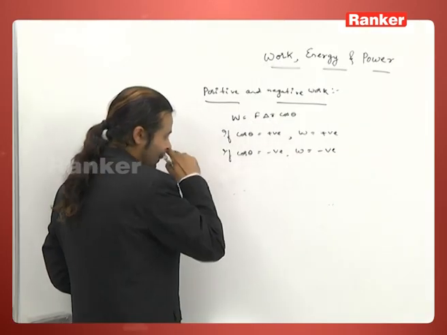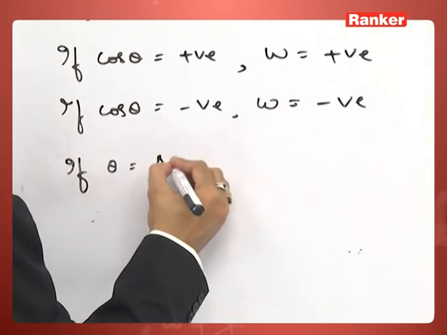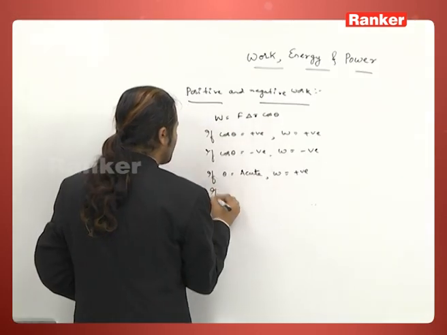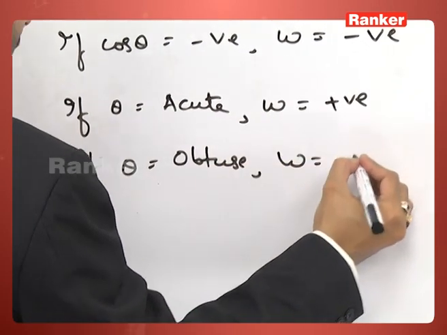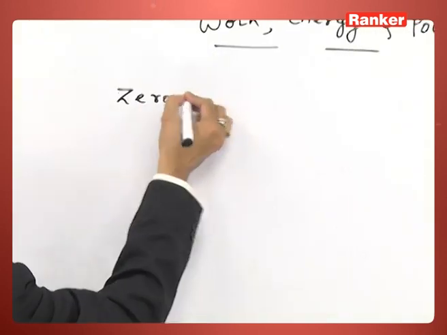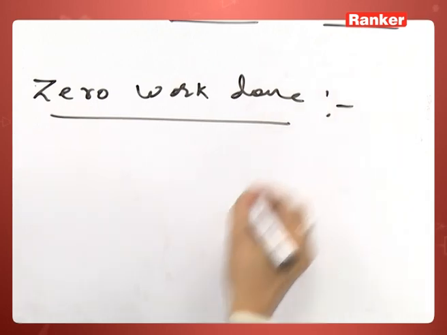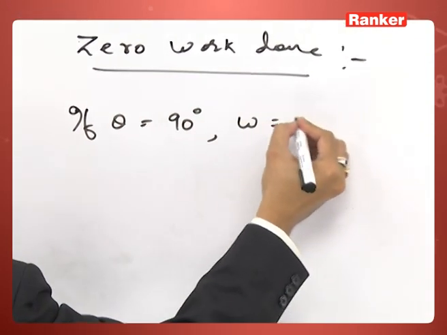That means if theta is acute, work done is positive. If theta is obtuse, work done is negative. Zero work done if theta is 90 degree, work done is equal to 0.